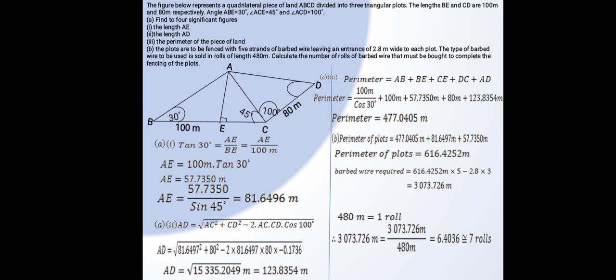Now the length AD, we can calculate it using the cosine rule, and we find it to be 123.8345 meters.